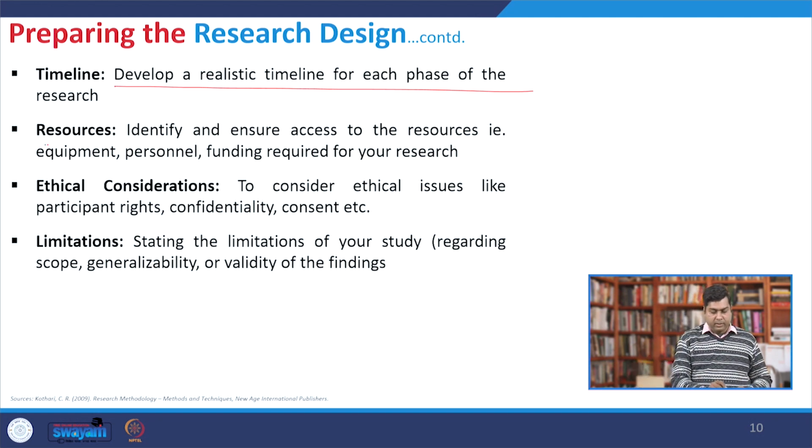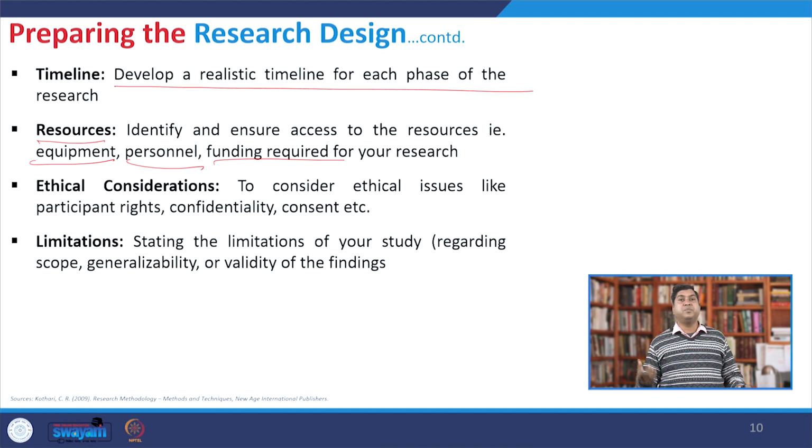Then the resources are very important: in your entire research, what kind of resources you require, whether it is equipment for the experiment, or persons or experts you want to engage for expert-opinion-based research, or maybe focus group discussion. Identify the funding required and how much budget you have, like if it is a costly experiment, how many experiments are to be repeated and are required as a minimum trial.